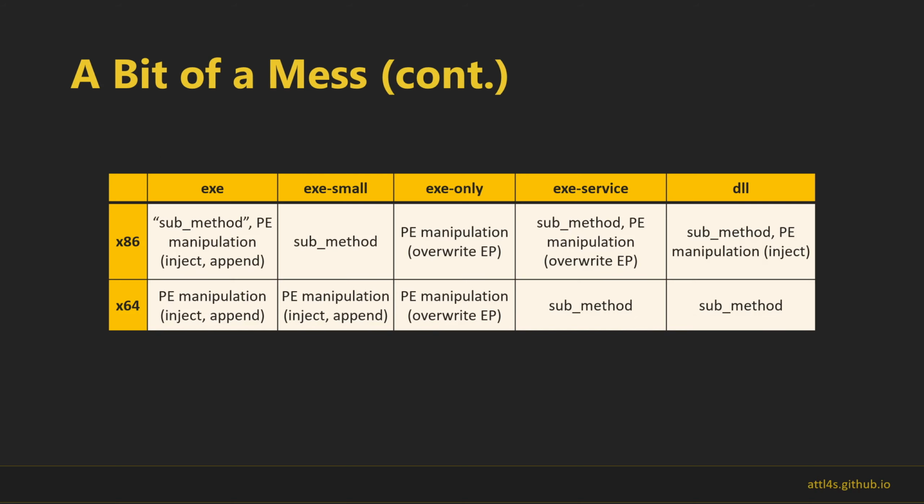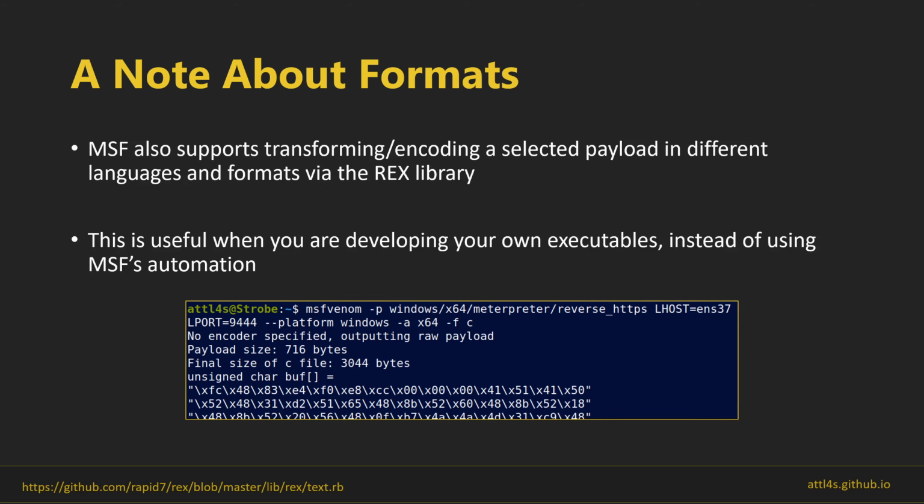So yeah, this is a table that explains the different methods that are used depending on the format you choose. Okay, just for curiosity. And also, if you don't want to use the automation process of Metasploit, note that you can also just generate a shellcode and format it to different programming languages.